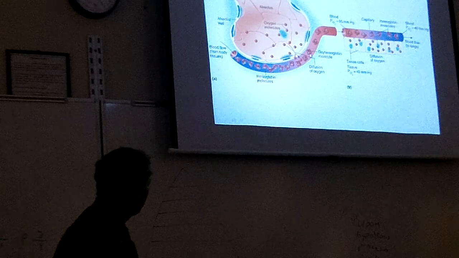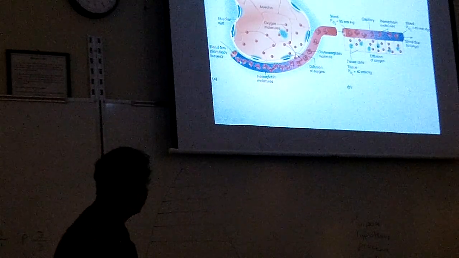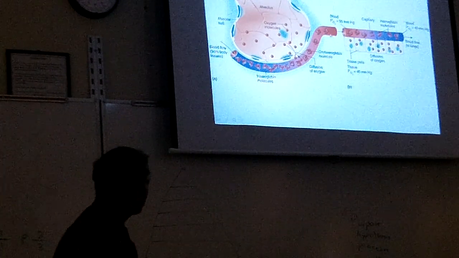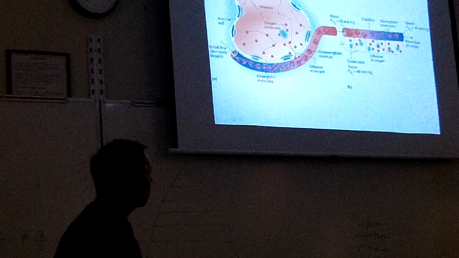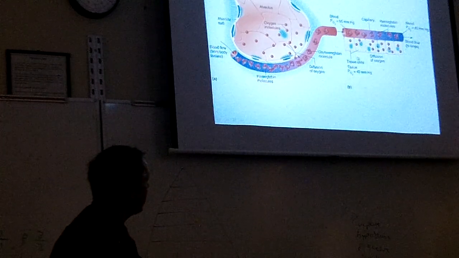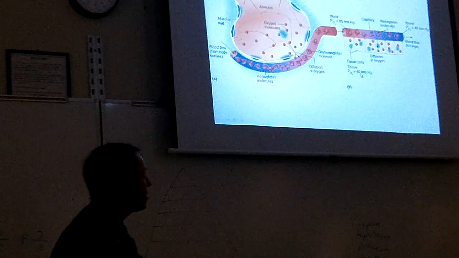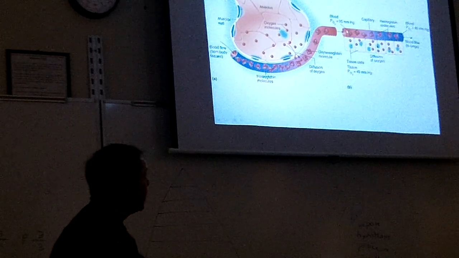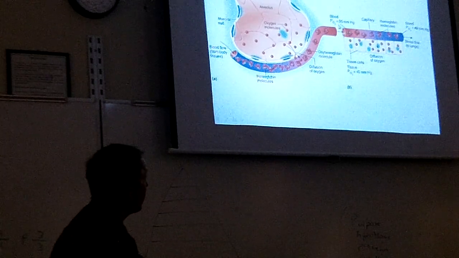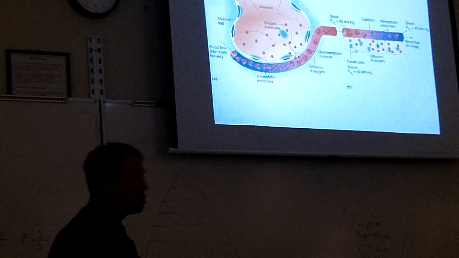And you can see when they come in to the lungs, they only have 3 oxygens, but when they come out of the lungs, they each have 4 oxygens, so they're carrying an extra oxygen. And then when they finally get to the tissues, they dump the oxygen off. See, the tissues have a very low pressure of oxygen, only 40 millimeters of mercury. So oxygen is going to fall off the blood that has 95 millimeters of mercury here, and it's going to fall off of it into the tissues.